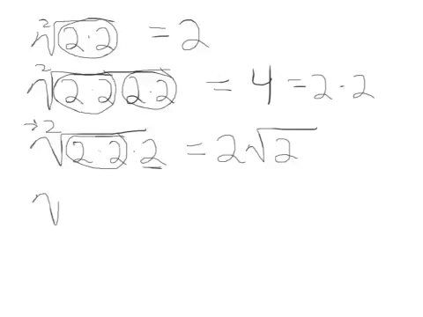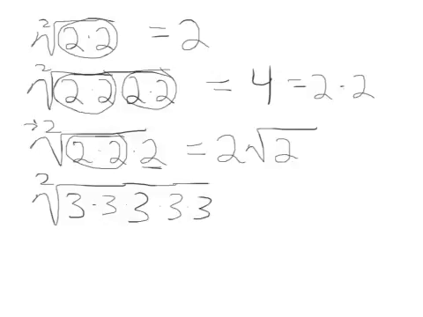Let's try one more example. Let's use the square root of, let's say, 3 times 3 times 3, and we'll add 2 more 3's, times 3 times 3. Since the index here is 2, that means we're going to look for groups of 2. So here we have a group of 2, and here we have another group of 2.